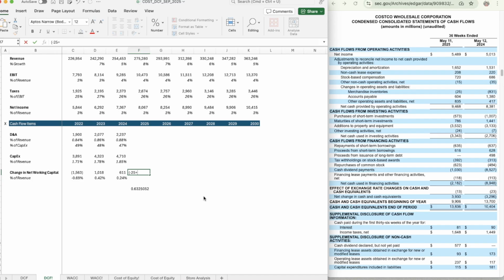This one's always very difficult to forecast, so I think it's best when you just do it on the annual year. 1632.